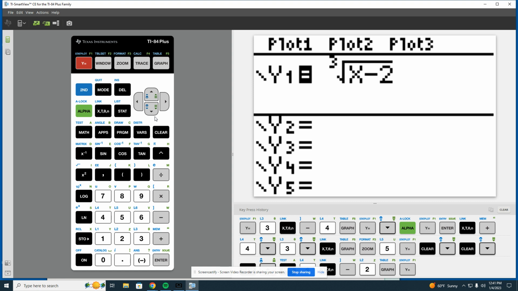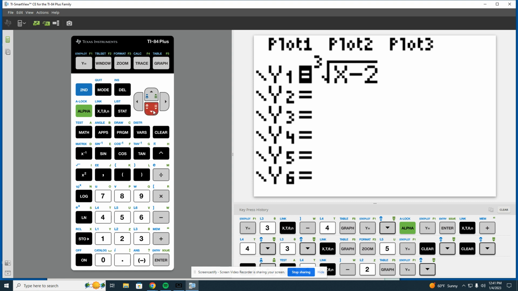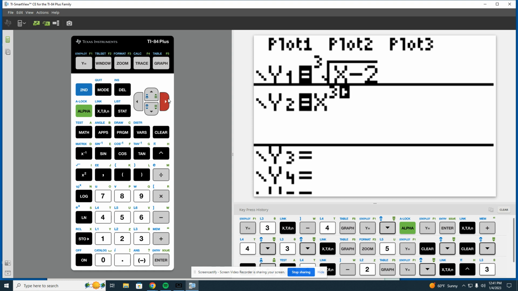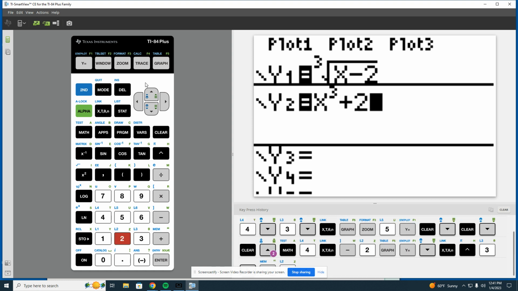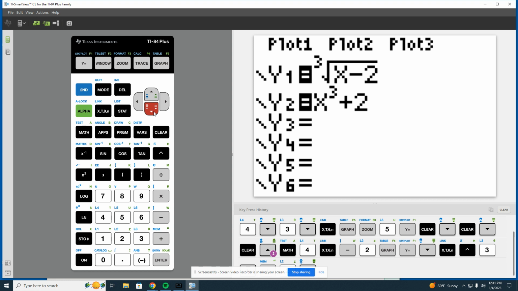I'm going to go to y equals. I'm leaving my original equation. I'm going to do x cubed plus 2. And I'm also graphing what, Landon? I'm also graphing y equals x. Why? Because that's supposed to be what it reflects over.